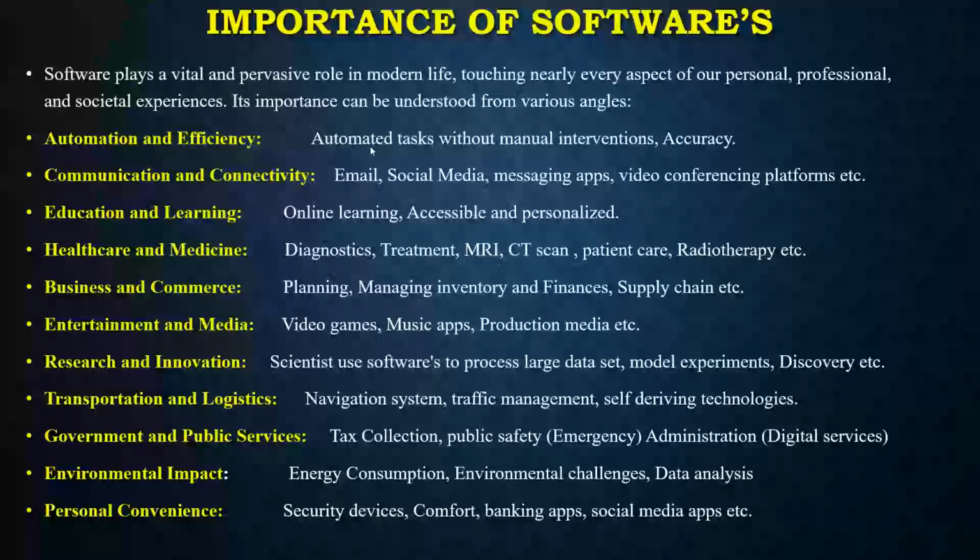We are using software in our entertainment and media industry, like video games, music apps, production media. All media are basically using software. Research and innovation, transportation and logistics. All the navigation systems are basically software, like Google Maps and Apple Maps.